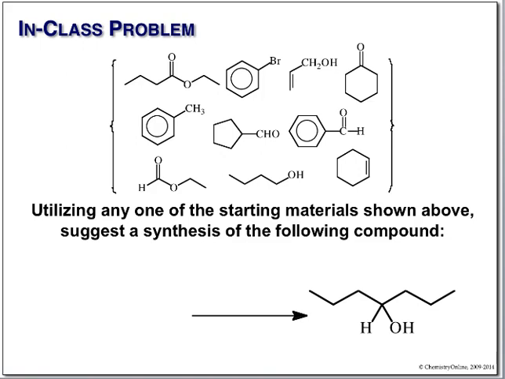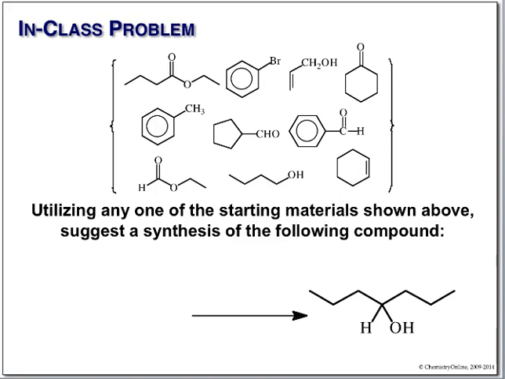As we look at this, let's do our standard thing. We're going to want to split on either side, or on one side anyway, and see if we can come up with a Grignard and something else that's going to give us this compound.